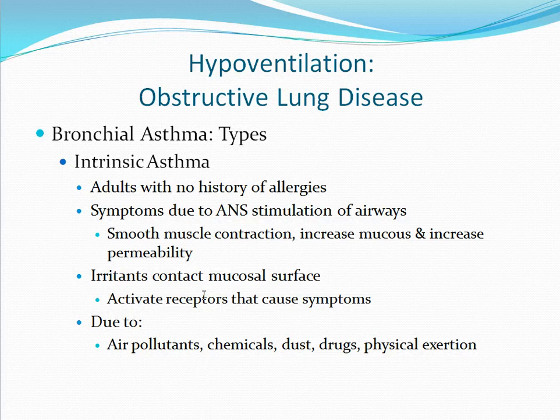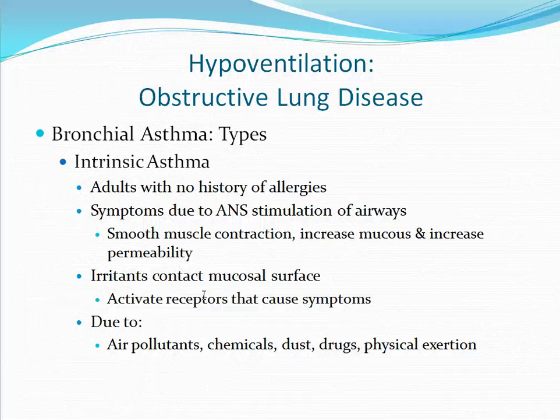Another type of asthma is intrinsic asthma. This tends to hit adults with no history of allergies. The symptoms here are due to autonomic stimulation of the airways, resulting in an increased parasympathetic response. The symptoms are the same as extrinsic asthma, including smooth muscle constriction, increased mucus production, and increased permeability of the capillaries.